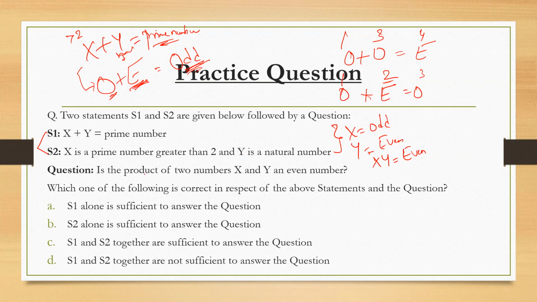So is the product of two numbers x and y an even number? It is definitely yes, when I combine both of them together. Are you getting this, everyone? So the answer should be: S1 and S2 together are sufficient to answer the question.